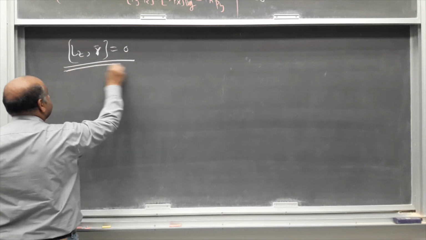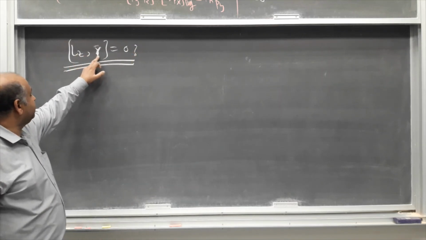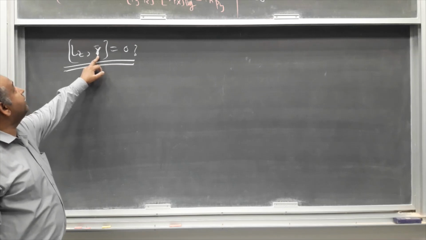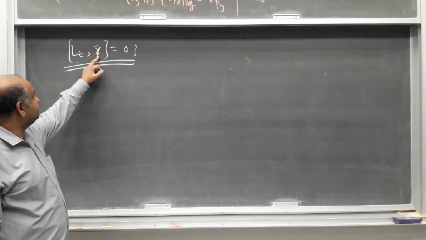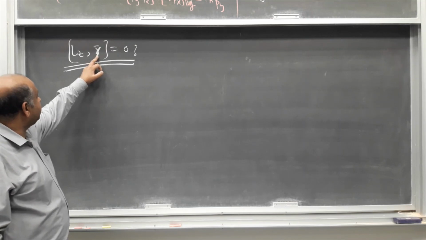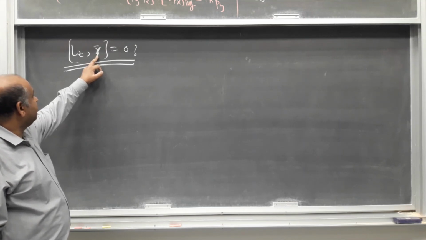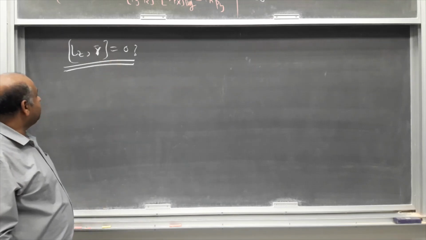This is the only thing we have to show, because that potential is a function of r, we can write it as a Taylor series, a power series of r, which means that if it commutes with r, it will definitely commute with any power of r, and we would have shown that it commutes with V of r.